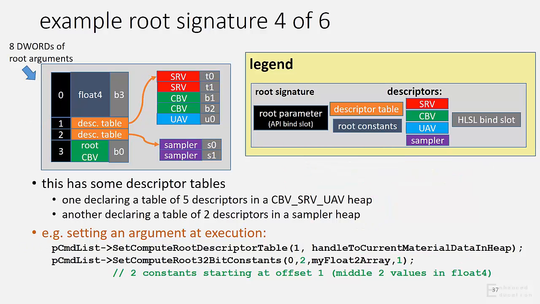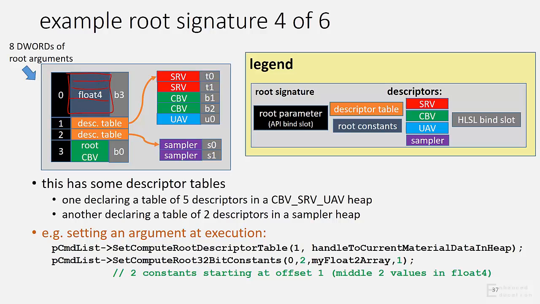Another interesting part of this root signature is the first parameter, where we have a root constant that is 4 DWORDs in size. The example at the bottom here shows that we have the option of actually setting even just a subset of the constants.